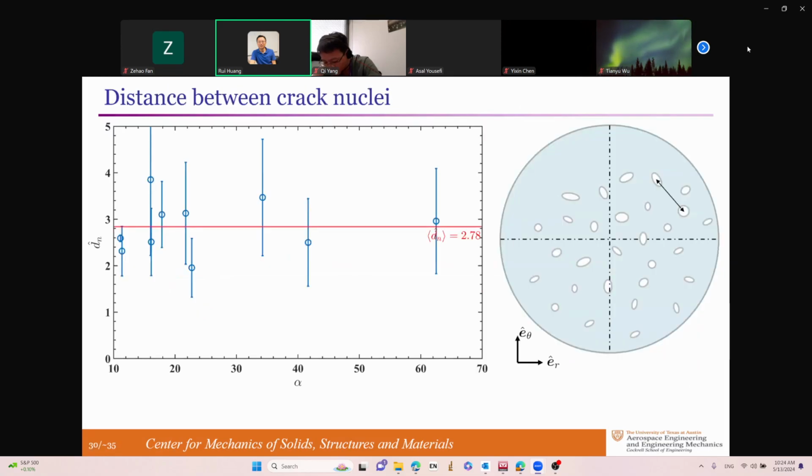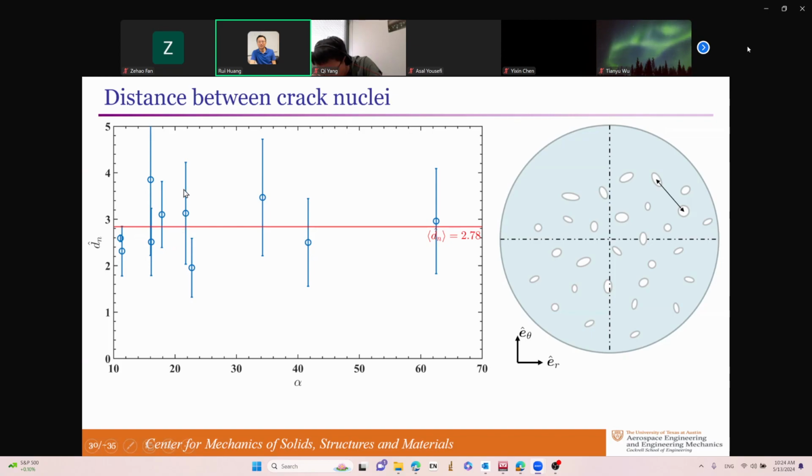The last kinematic quantity that we can generate from this is for the multiple nucleation. What's the distance between the nucleation sites? So you identify the center of each one of those nucleated cracks, find the distance between them using tessellation, and then plot that as a function of the specimen aspect ratio of diameter to thickness.